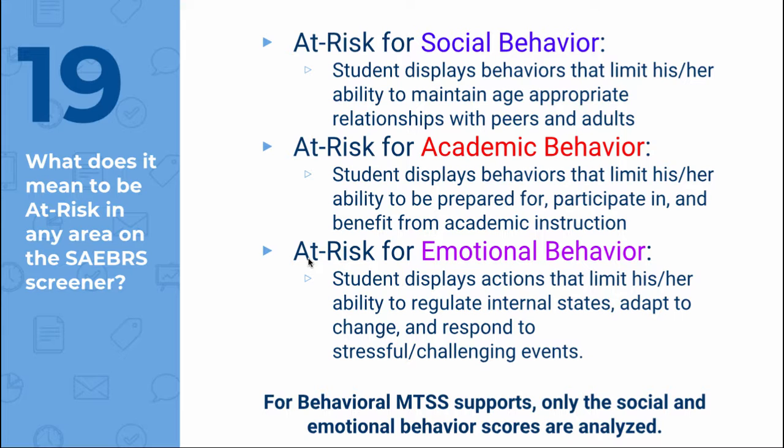If a student is found to be at risk for emotional behavior according to the screener, that indicates the student displays actions that limit his or her ability to regulate internal states, adapt to change, and respond to stressful or challenging events. For behavioral MTSS supports, only the social and emotional behavior scores are analyzed for further investigation.